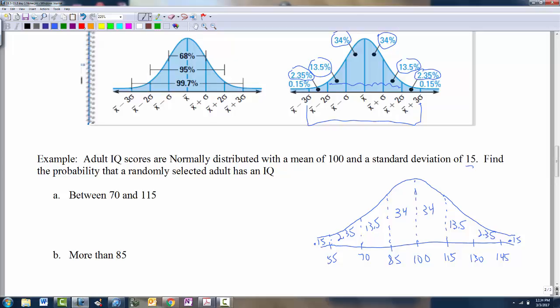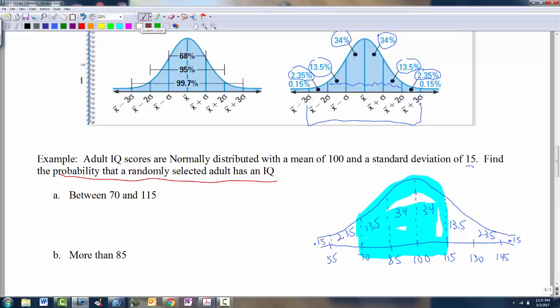Then you can answer silly little questions like this. Find the probability. Remember, this all adds up to 1. Actually, 100 in this case because I'll put it in percent form. So find the probability that a randomly selected adult has an IQ that is, in this case, between 70 and 115. What do I do to find that answer?